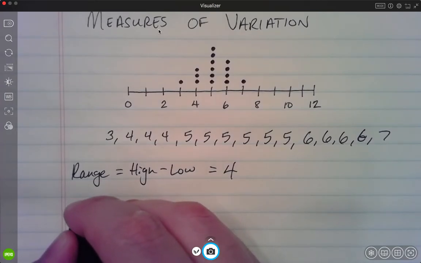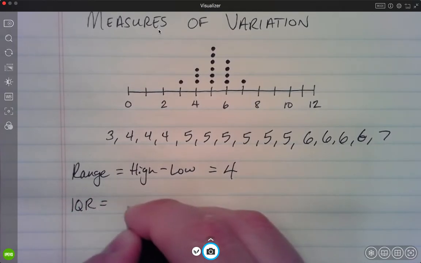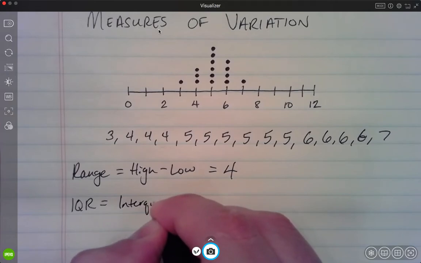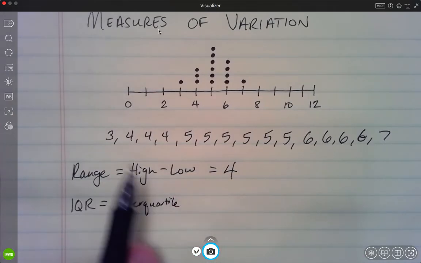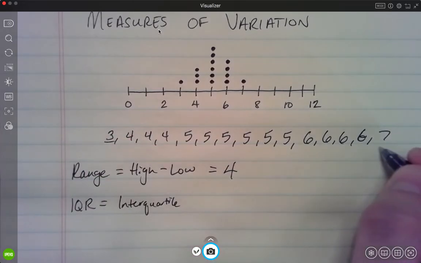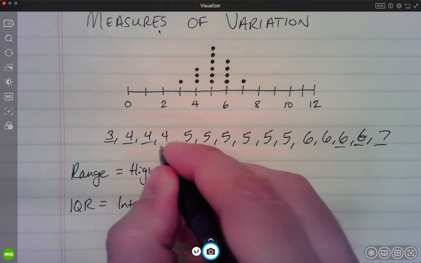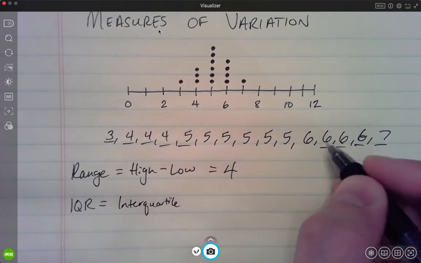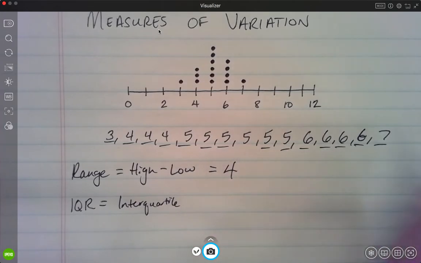Our next one is going to be our IQR, which stands for interquartile range. Quartiles are fourths. So if I were to go through my data here and find my median, like I did in my measures of center, my median is going to be 5.